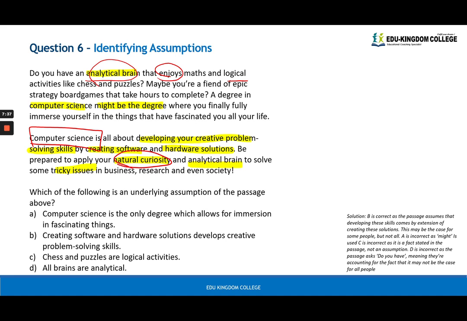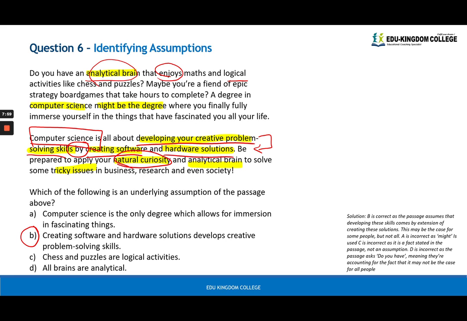So what is the underlying assumption? It's actually B. Creating software and hardware solutions develops creative problem-solving skills. So what they have done is they've actually linked it directly. Computer science is all about developing your creative problem-solving skills by creating software and hardware solutions. Now, this might not actually be the case, right?